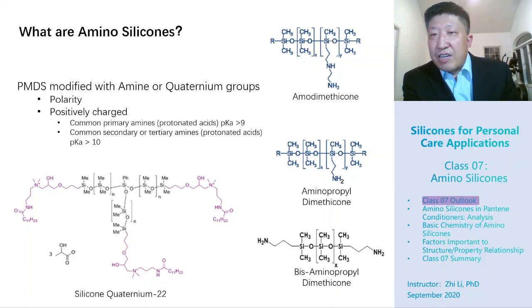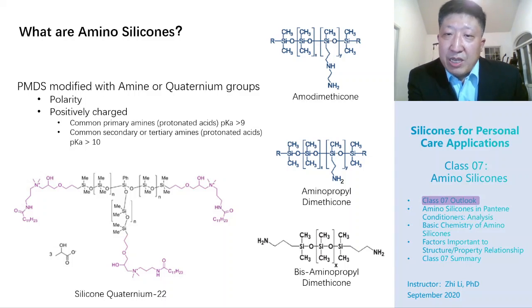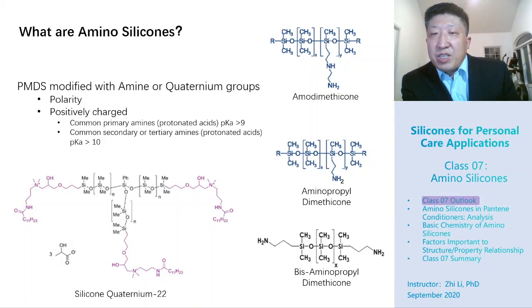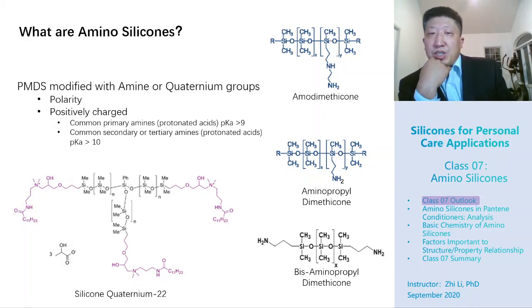And we're also going to talk about the bis amino propyl dimethicone. Also, the quaternium group functionality can be introduced to PDMS. I show here a simple example of silicone quaternium 22, which has 3 amino groups in this kind of T-shaped silicone chain.